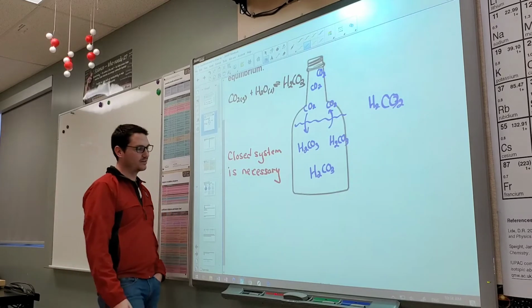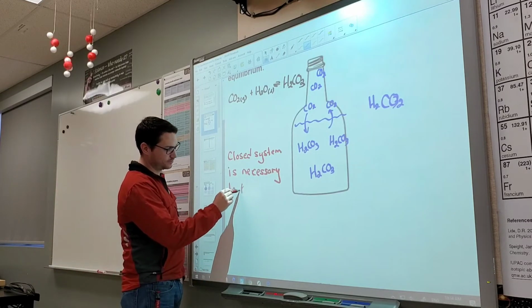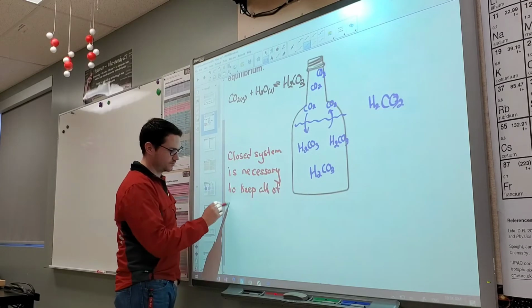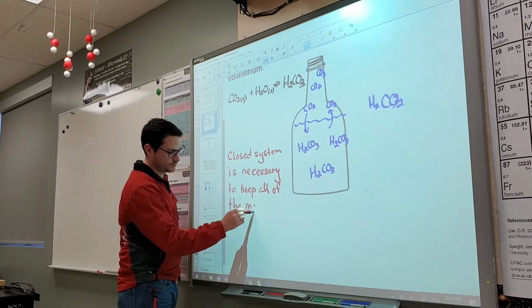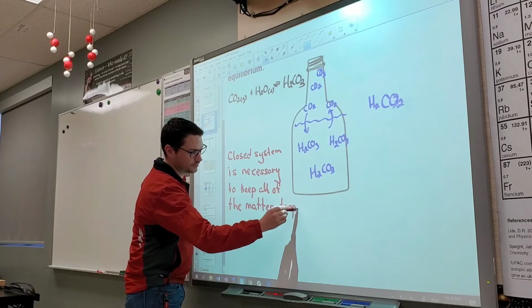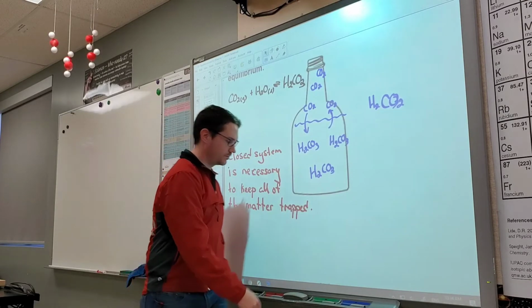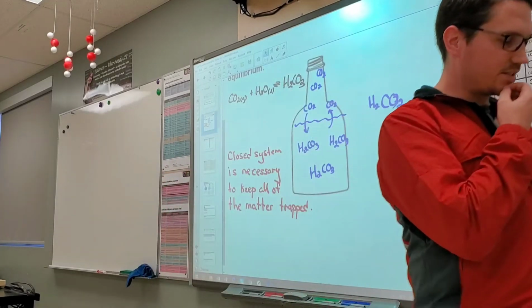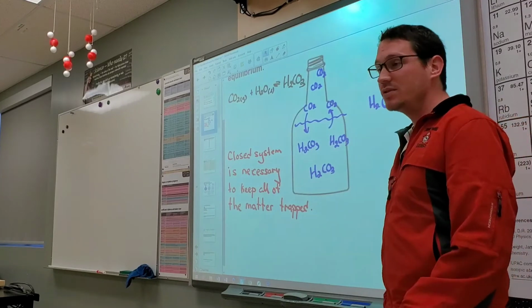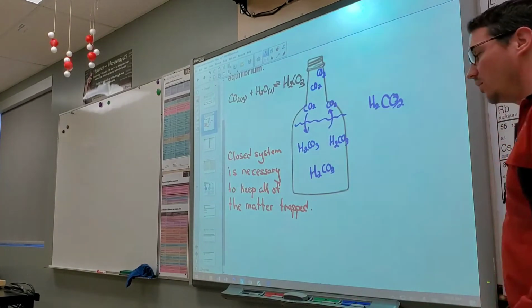Yeah. So a closed system is necessary to keep all the matter trapped inside this bottle. If we didn't have a closed system, matter could leave and we would no longer have equilibrium.